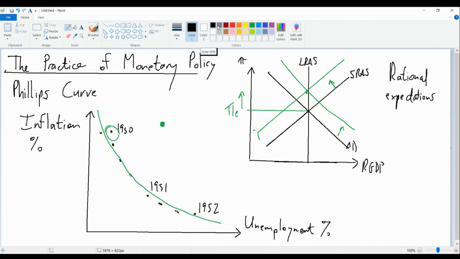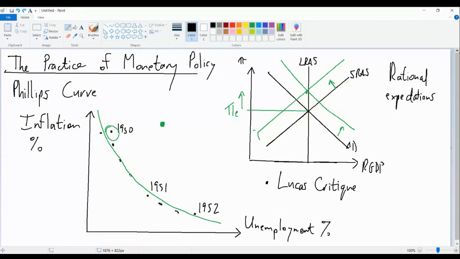This is an example of something that came up again in the 70s that's referred to as the Lucas critique. Robert Lucas was one of the economists who was important in exploring the idea of rational expectations. And the bottom line of the Lucas critique is that it's one thing if your demand curve is jumping around randomly, but it's a completely different thing if the Fed is announcing what its policy is going to be.